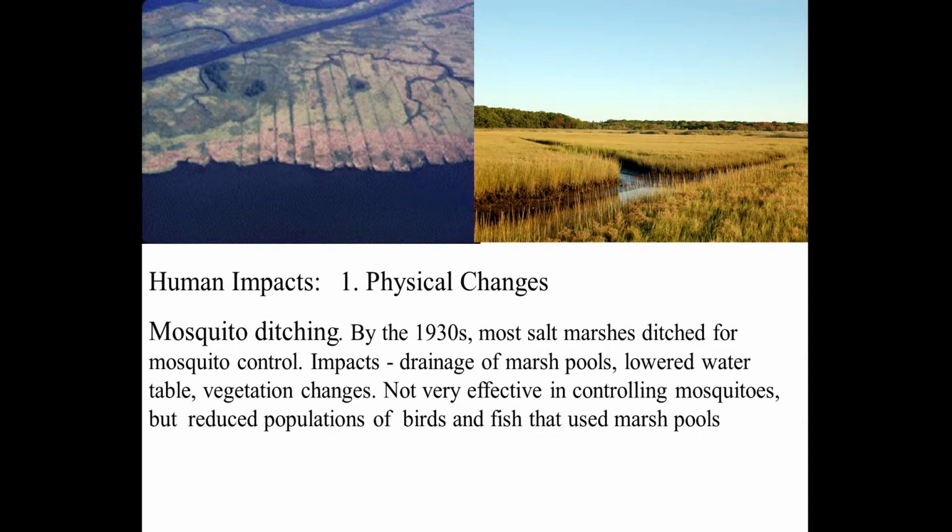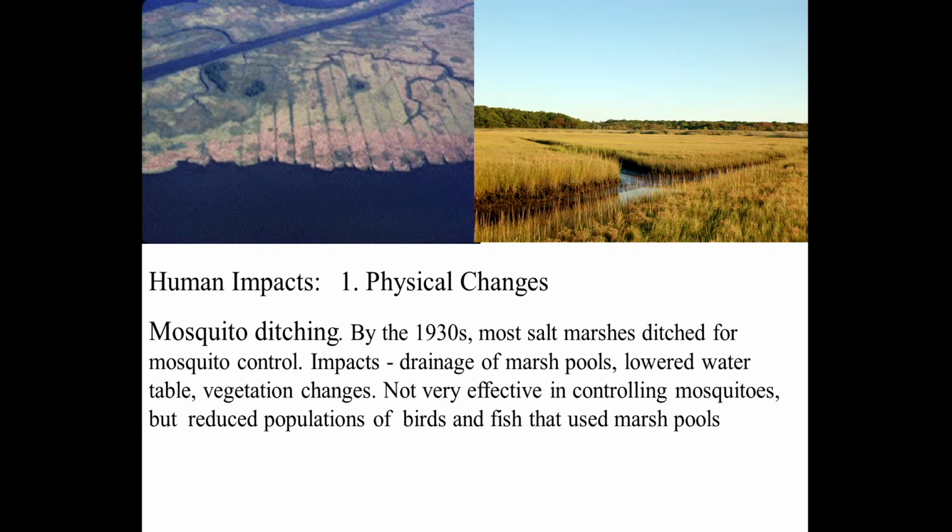The idea here, in theory, was that by making these ditches, the water would go out of the marsh faster, and there would not be pools left on the surface for mosquitoes to breed. Well, it didn't always work that way.